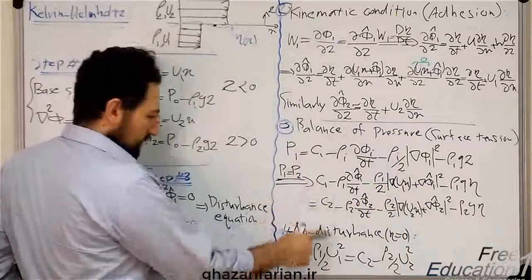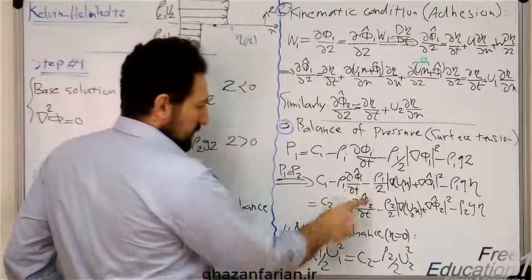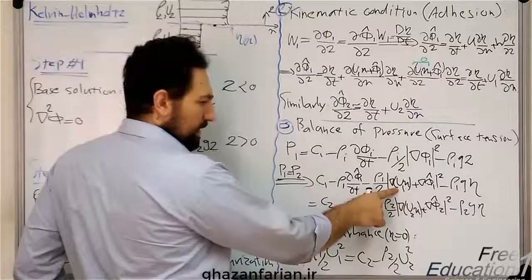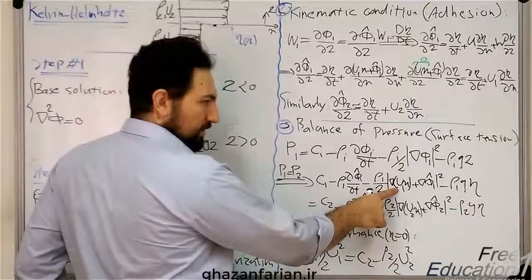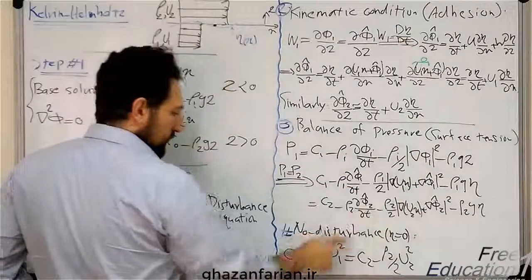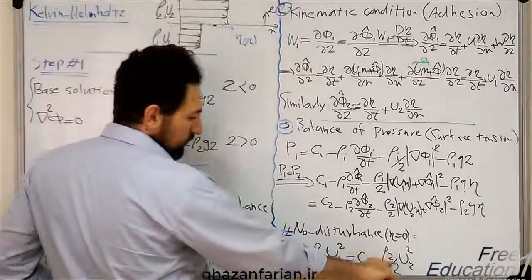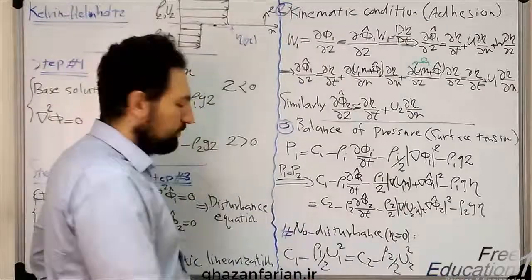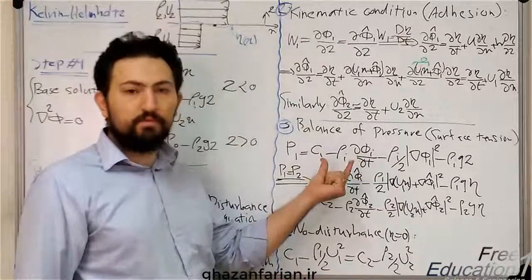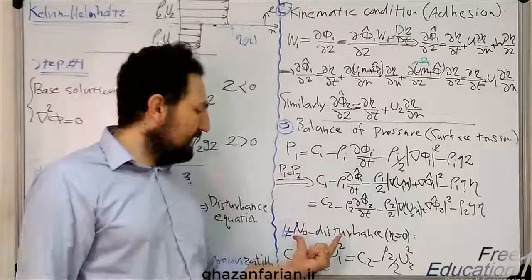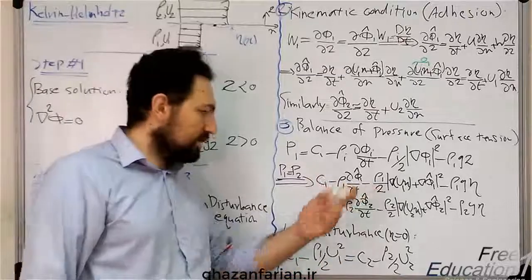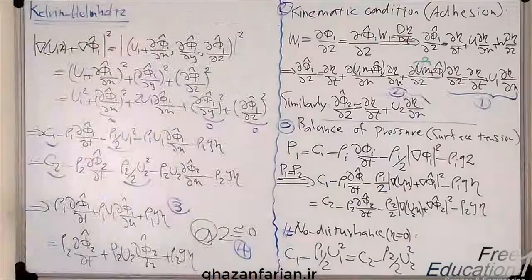So C1 minus this term remains on the first side. The gradient of u1x is u1 and the 2 other components are 0. So u1 to the power of 2, and C2 minus rho 2 over 2 u2 to the power of 2. This is the simplified form of the dynamic condition, or the balance of pressure, for the case with no disturbance, which helps us to linearize the dynamic condition.